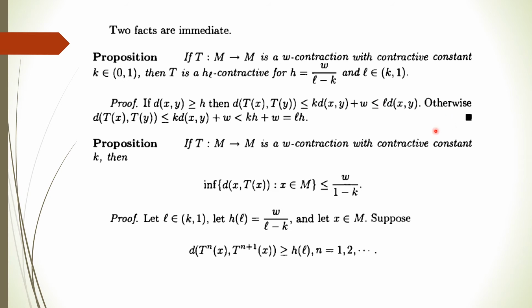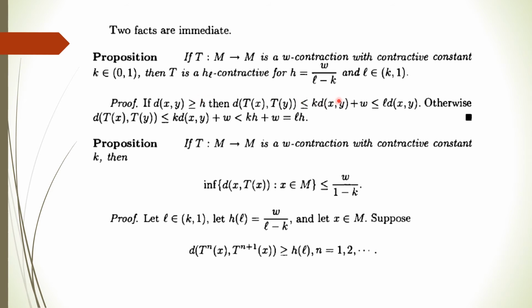So either d(x,y) is maximum or h is maximum. If d(x,y) is greater than or equal to h, then d(x,y) will be maximum. So in that case, we have to show d(Tx,Ty) is less than or equal to L times d(x,y). And if it is less than h, then we have to show it should be less than or equal to L times h.